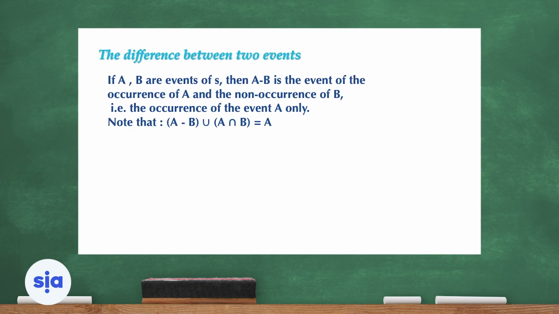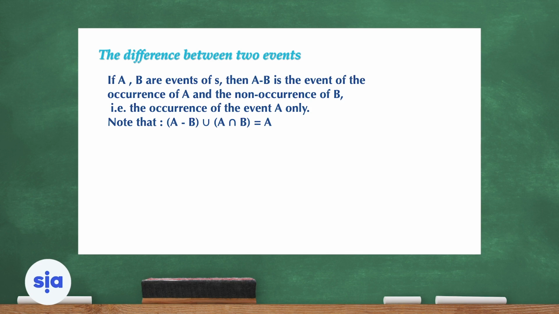The difference between two events. If A, B are events of S, which is the sample space, then A minus B is the event of the occurrence of A and the non-occurrence of B. A minus B means it's the occurrence of A without the occurrence of B, the occurrence of the event A only.